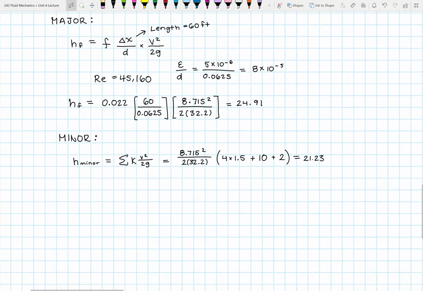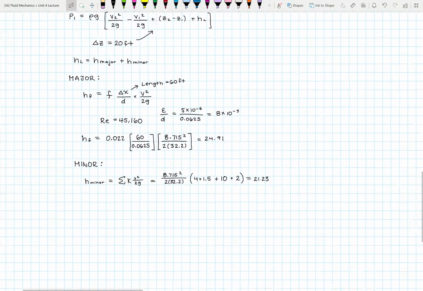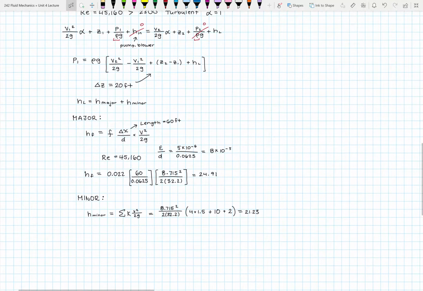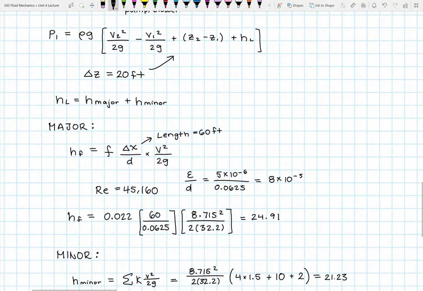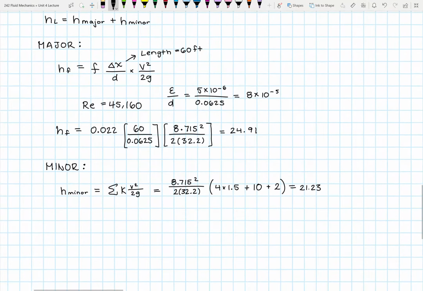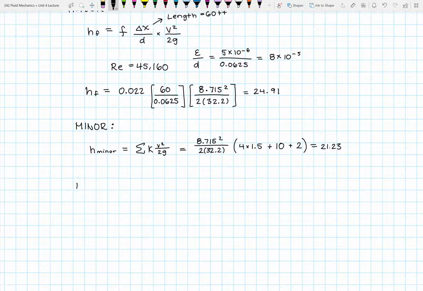Okay, so now we have all of our head loss accounted for. We have our delta Z, velocity is known, G is known, rho is known. We have everything that we need to solve for the pressure at point 1. So let's plug in. We have our rho, we have G, we have V2 squared over 2G.